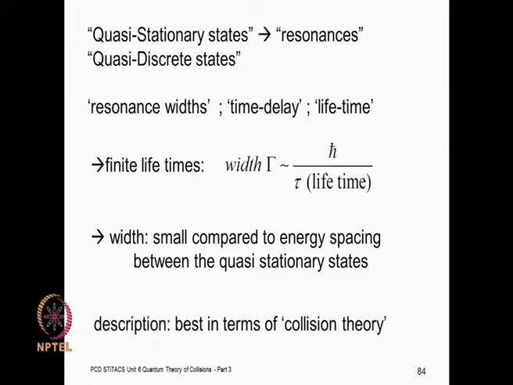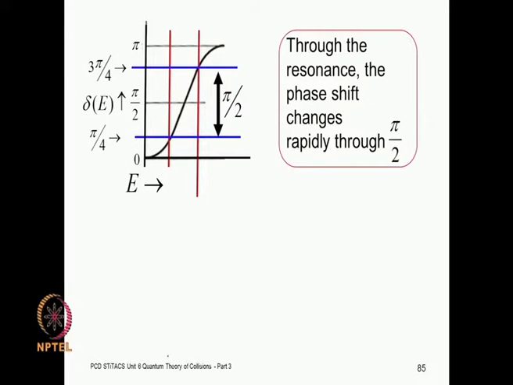So, we will continue to refer to it as the uncertainty principle because it has the same structure, and the relationship is again between canonically conjugate variables. And the description of this process is then possible in terms of the collision physics, the scattering equations that we have set up, the phase shifts and so on. So, we will discuss it in terms of the scattering phase shift.